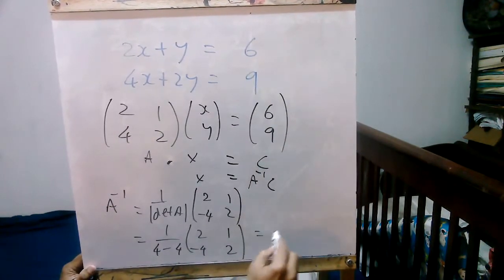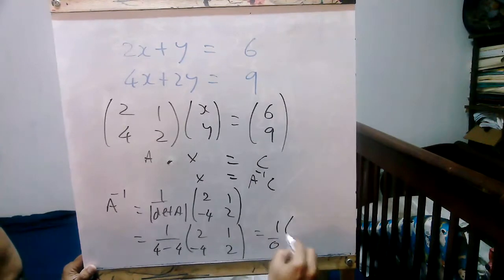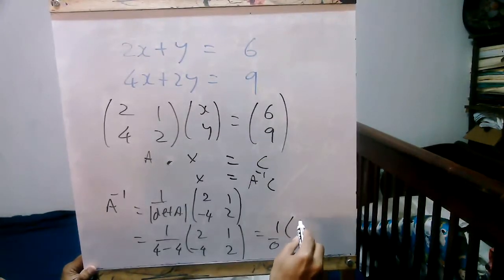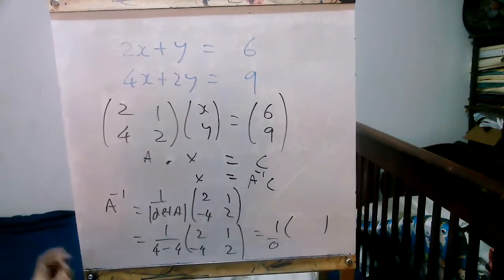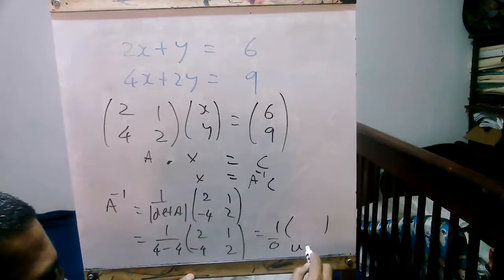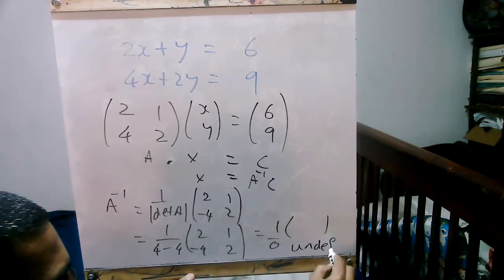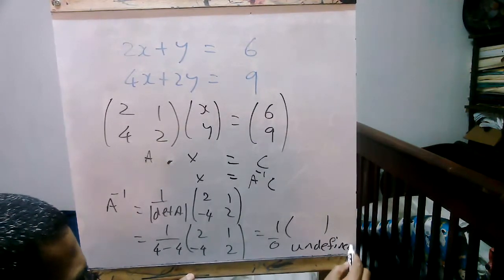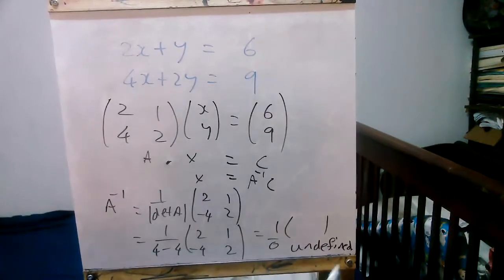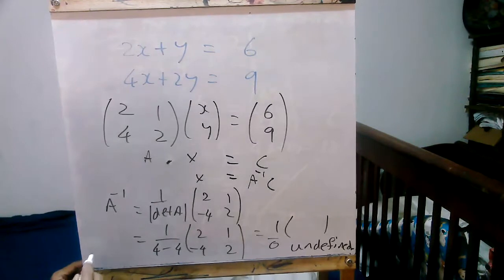Here we get 1 over 0 times this matrix, and anything over 0 is undefined. Undefined. Therefore inverse matrix does not exist.